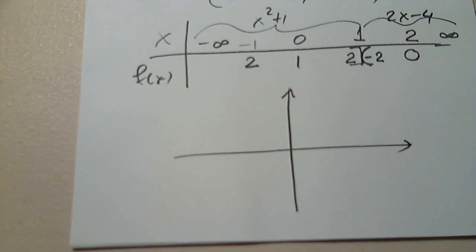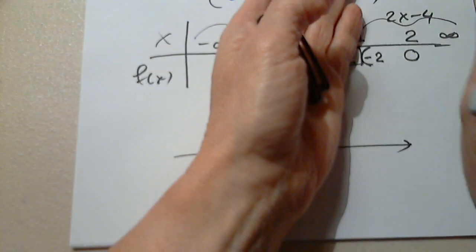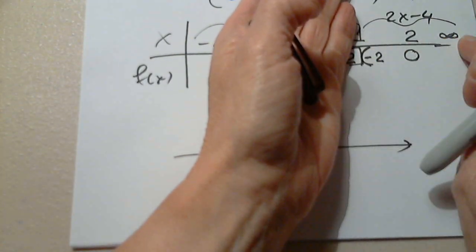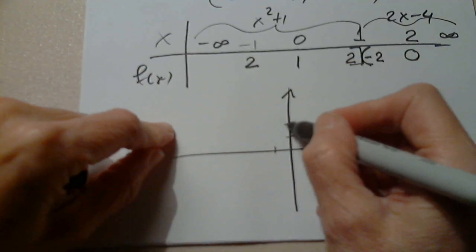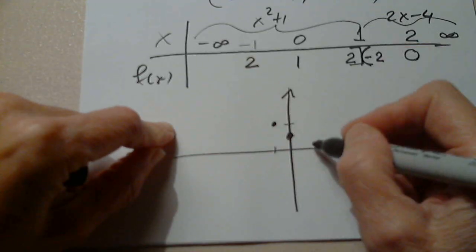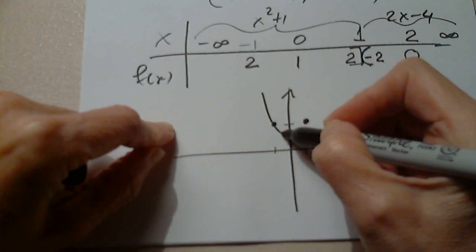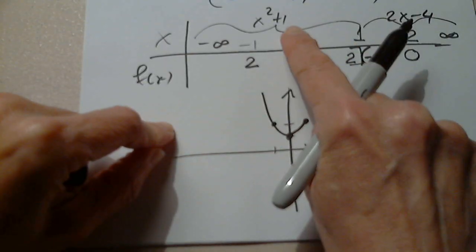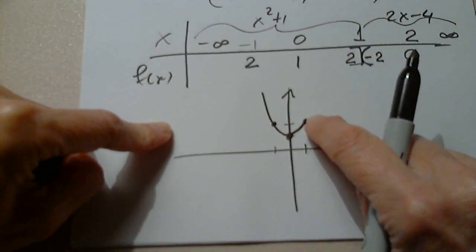Now you have to be very careful. The two branches can never overlap. This one is only here, this one is only here. So negative 1, comma 2, 0, comma 1, 1, comma 2. And this is it. You cannot extend because this graph is only between negative infinity and 1.